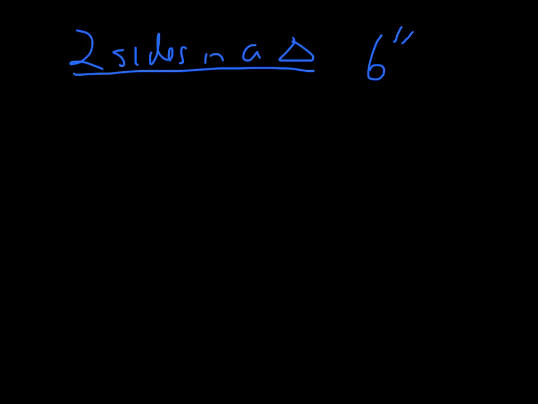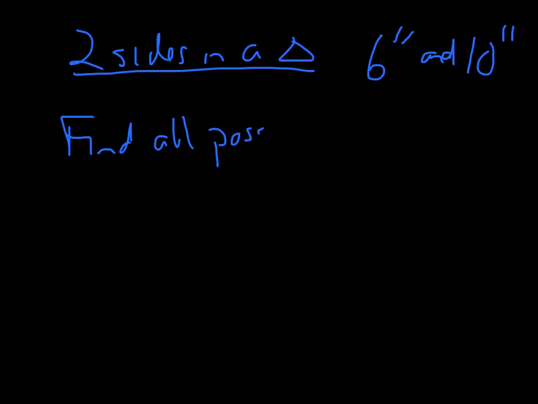the last question is, suppose you have 2 sides in a triangle. Suppose you have 6 inches and 10 inches. You want to find all possible lengths of the third side.